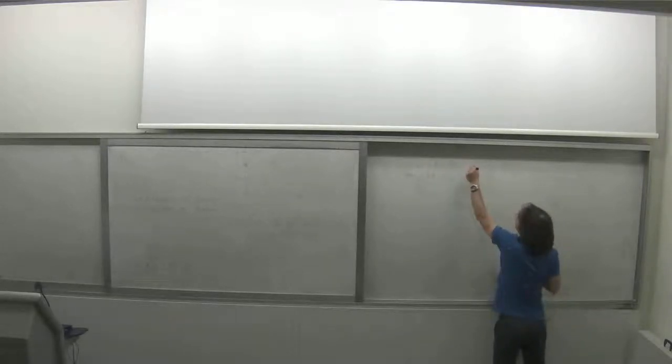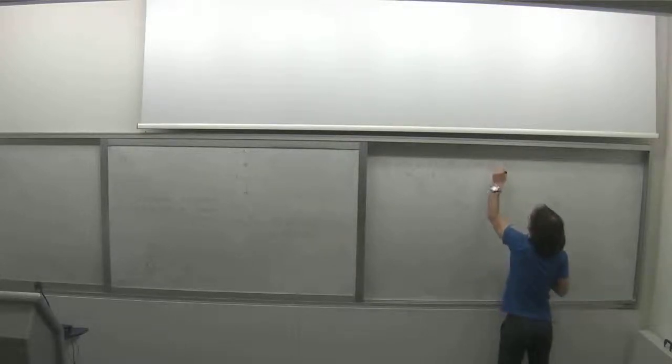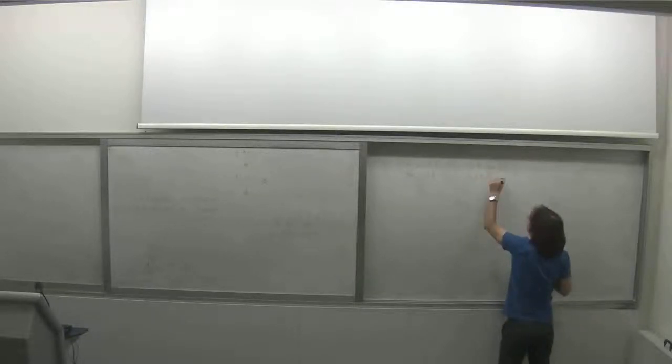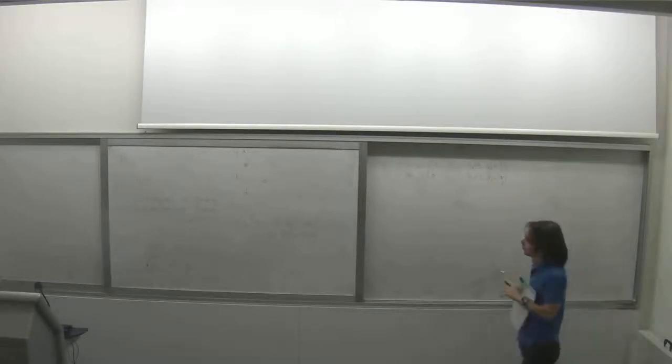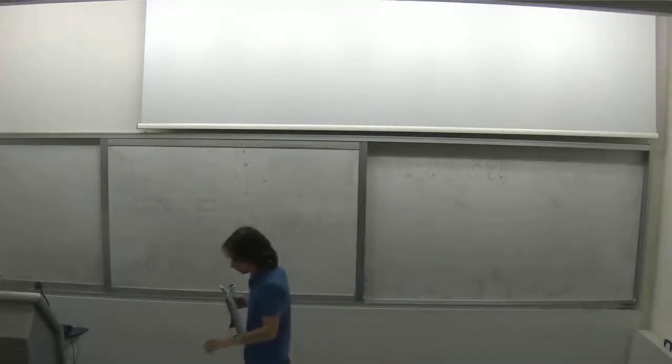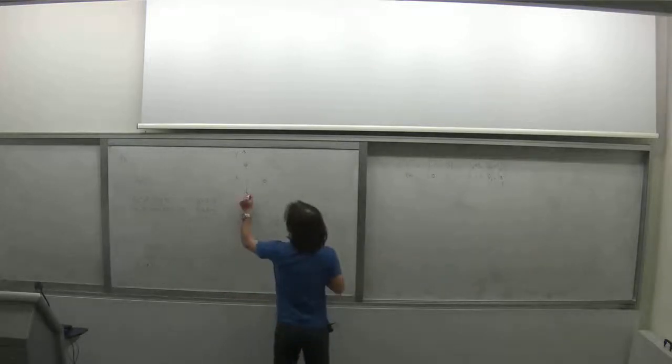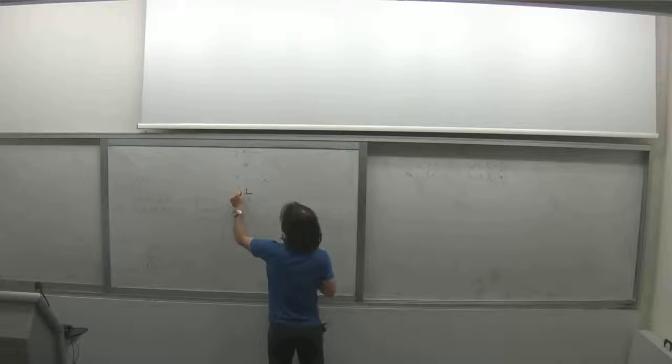Okay, we have lambda 1 equals 3 with v1 equals 1, 0, and lambda 2 equals 2 with v2 equals 0, 1. So these are the directions, v1, v2.